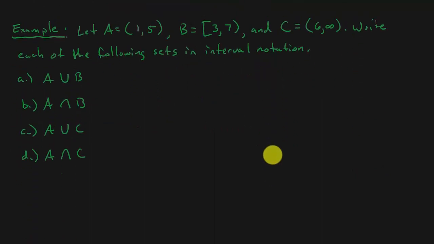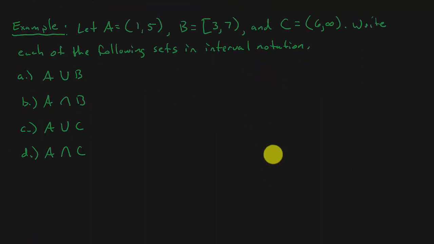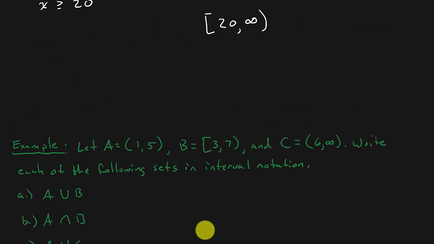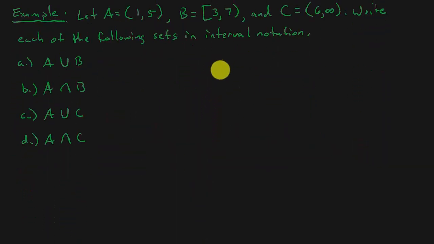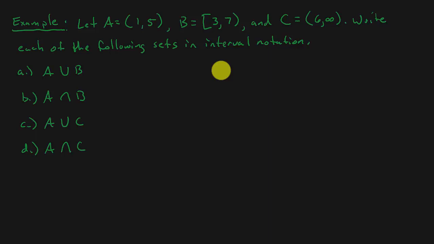All right, so let's look at this one. Let's just go to this one. All right. So let A equal the interval 1 to 5, B 3 to 7, and C 6 to infinity. And they want us to write each of these sets in interval notation.